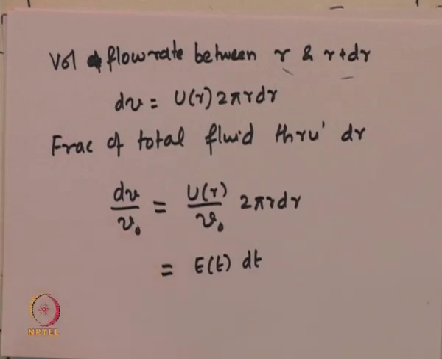So, what we have seen so far in this lecture is essentially different properties of the residence time distribution, which are the mean; we have looked at the variance and the skewness, and then we moved on to the residence time distribution of the ideal reactors.